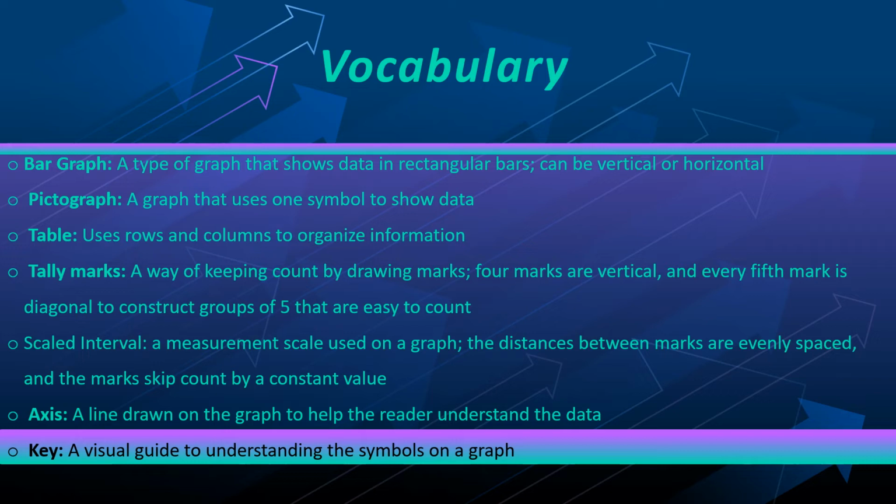Label, a word or phrase indicating the particular categories. Represent, to describe or depict a concept. Sum, the answer to an addition problem. Title, which is a name or a heading, and unit, which is a quantity used as a standard of measurement.